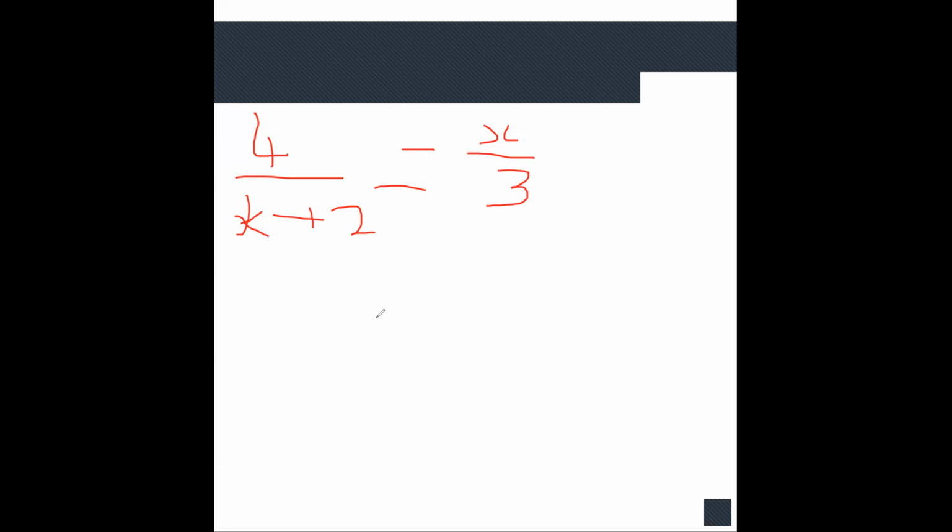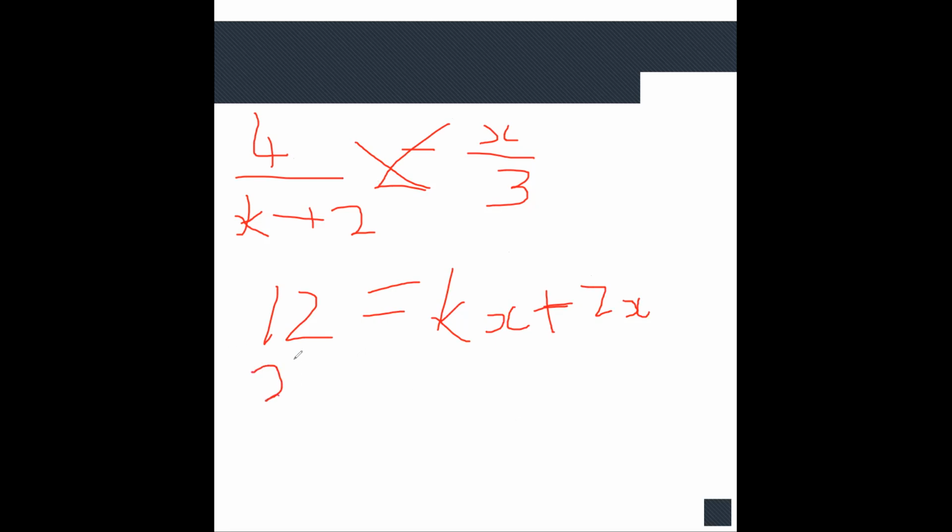Cross multiply first. Okay. And that gives us 4 times 3 is 12, and 2x, k plus 2x. Now what? Multiply both sides by 2.